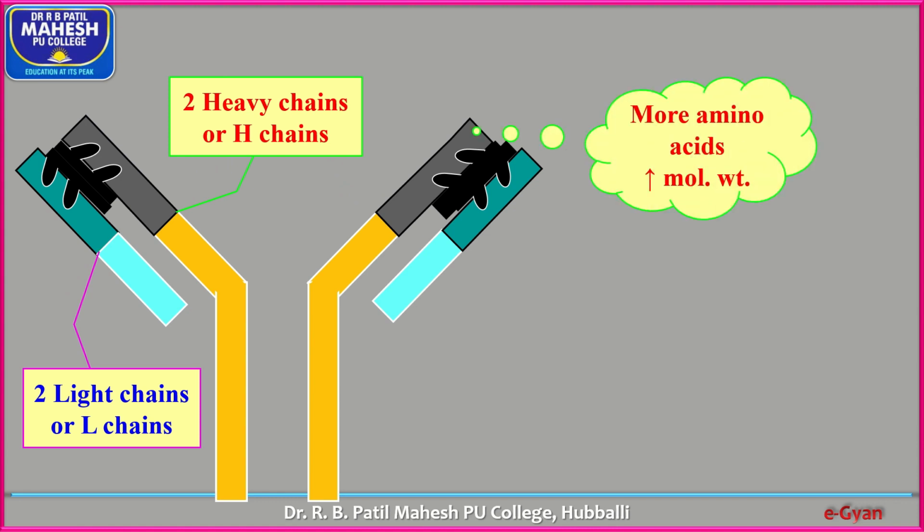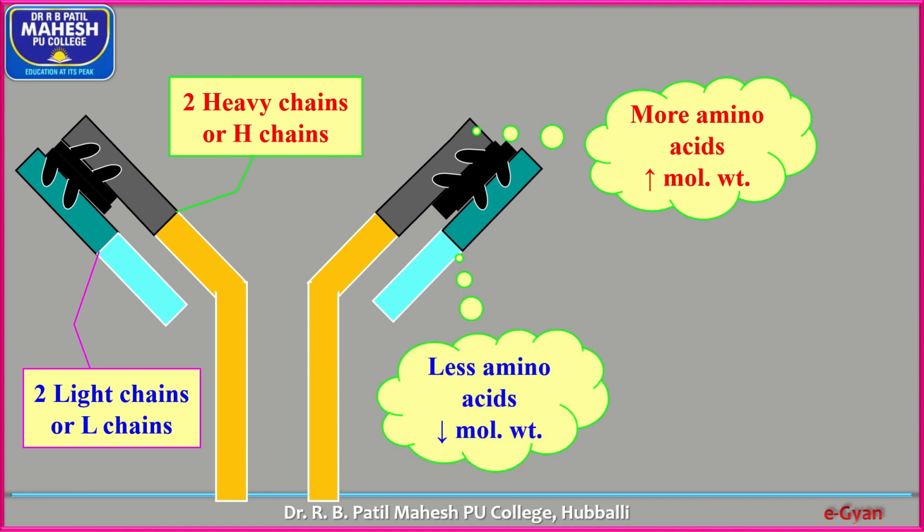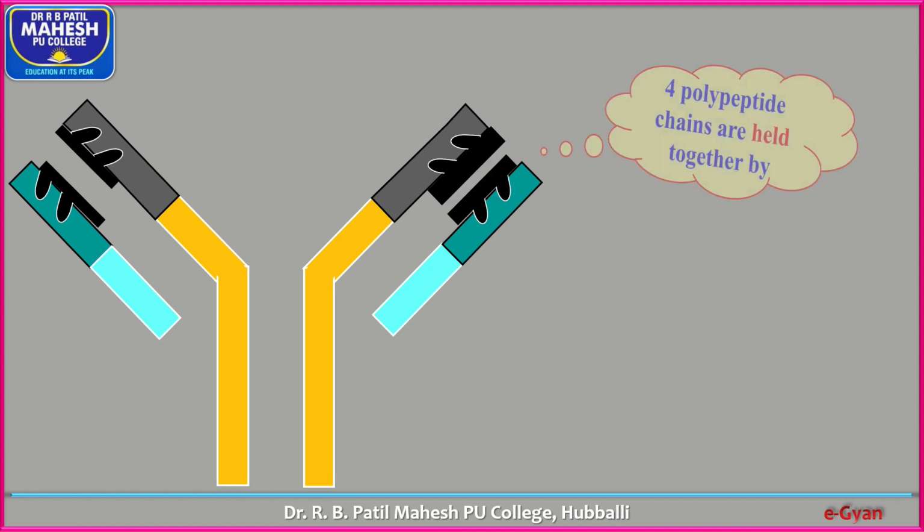So more amino acids means more molecular weight, less amino acids means less molecular weight. That means heavy chains have higher molecular weight, whereas light chains have less molecular weight.